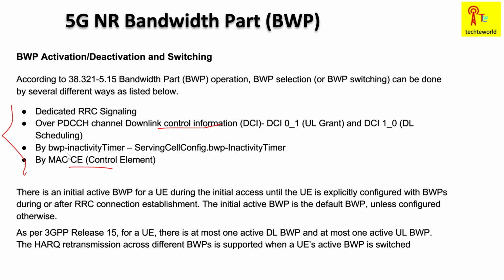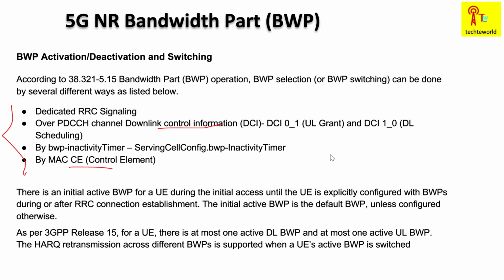Once this bandwidth inactivity timer expires, the bandwidth part with which this particular UE was configured will become inactive, and then the UE will move to this default, or initial active, bandwidth part. It means there will never be any case where no bandwidth part is configured. If all the working bandwidth parts get deactivated, then this initial active or default bandwidth part will come into play.